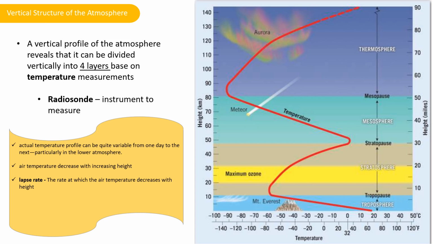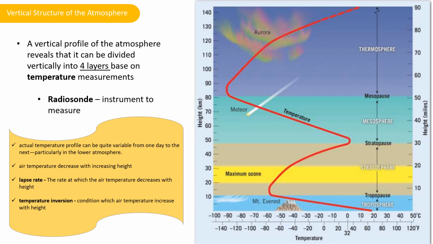Sometimes shallow layers where temperatures actually increase with height are also observed in the troposphere. This condition, in which air temperature increases with height, is called temperature inversion.